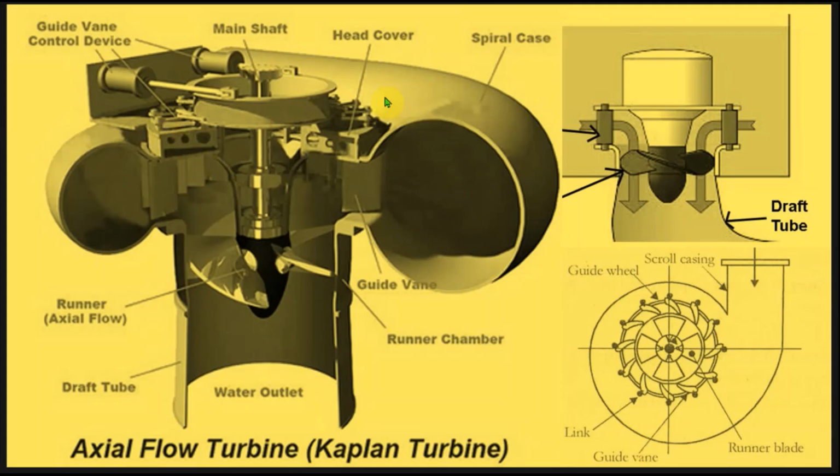Throughout the flow through the casing, the flow area gradually decreases. That means the pressure energy is converted to kinetic energy. So whatever we have explained in the case of Francis turbine is applicable here also, except of course the direction of flow through the runner and the type of the runner with the vanes.